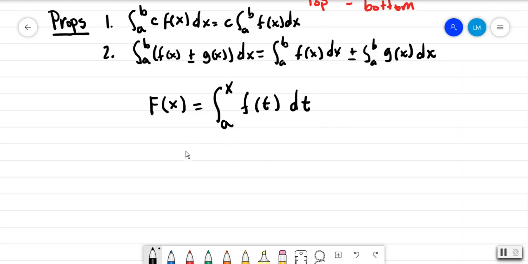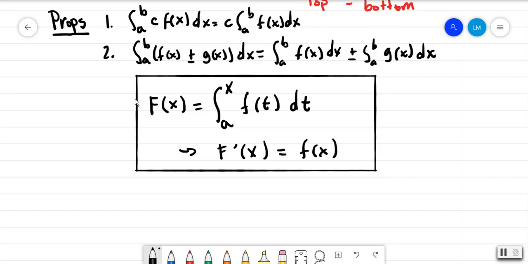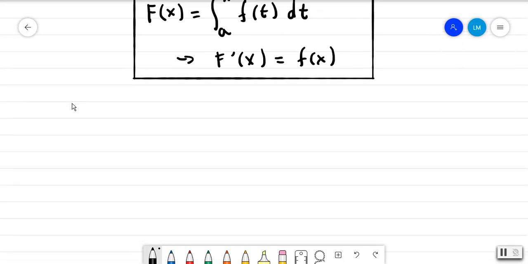So essentially the relationship between these two, according to the fundamental theorem of calculus, is that F prime of x is equal to f of x. So this is exactly what the fundamental theorem is saying. But like I said, we can learn this by performing an example. So we'll look at an example.